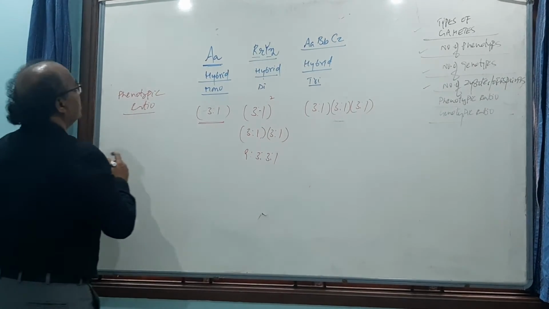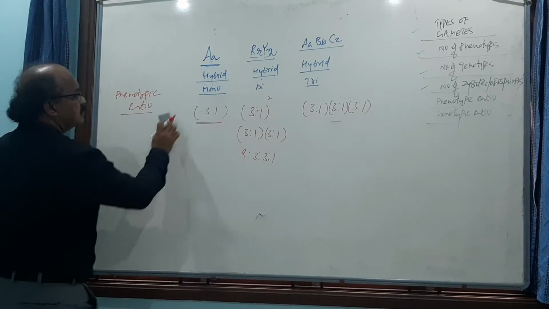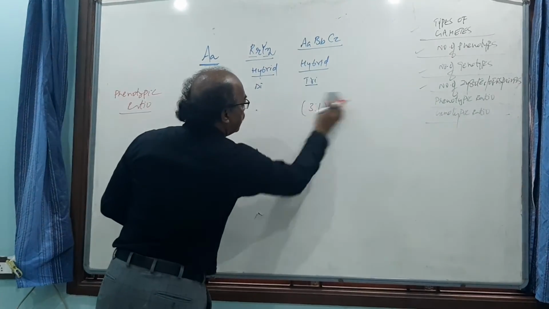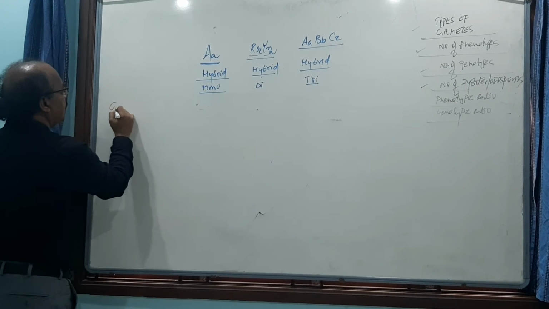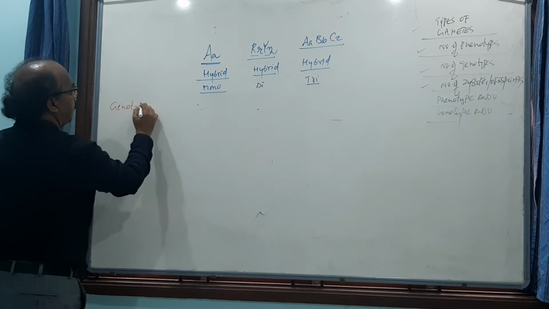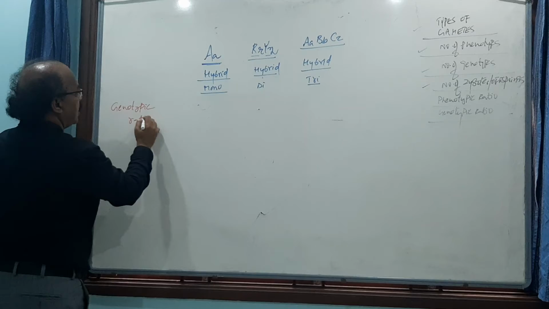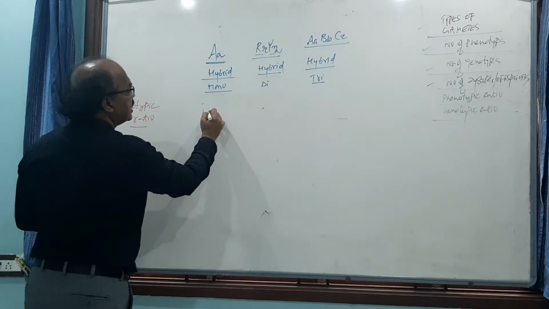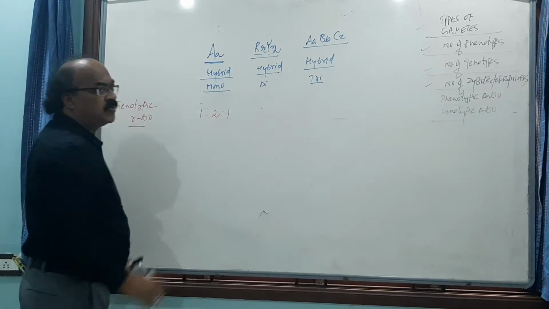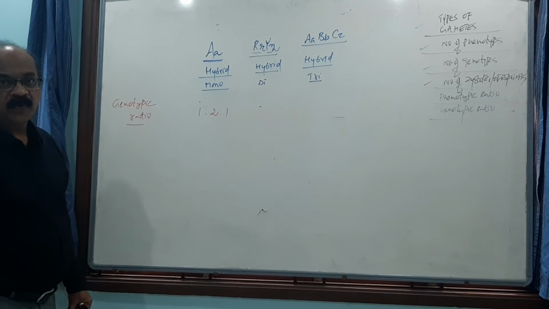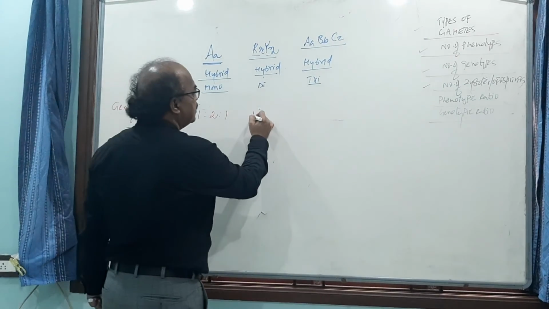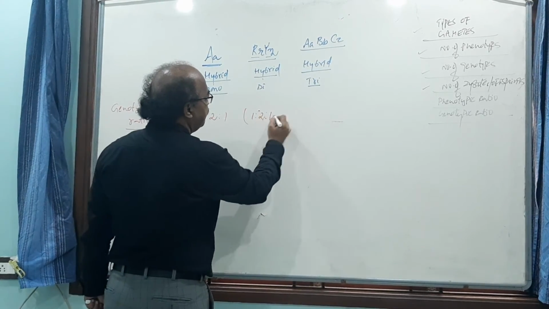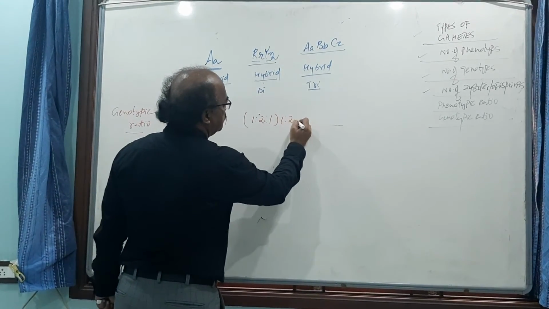Coming to the genotypic ratio. Genotypic ratio in a monohybrid cross F2 is 1:2:1. For a dihybrid cross, 1:2:1 multiplied by 1:2:1.